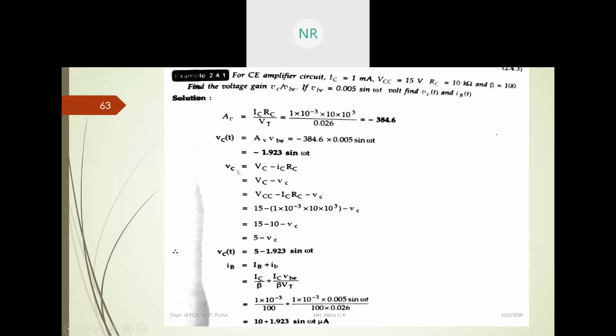Next is vC, the instantaneous voltage value. It is the DC component VC minus the AC component. It should be plus, but we get minus ICRC because we are applying KVL for the output load.